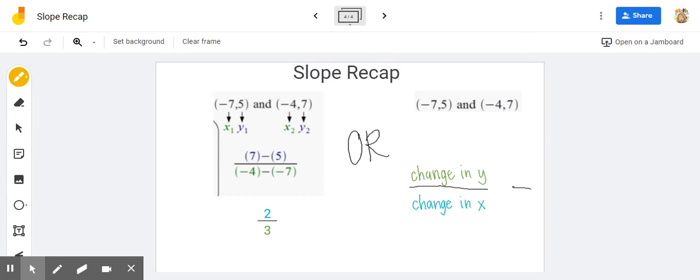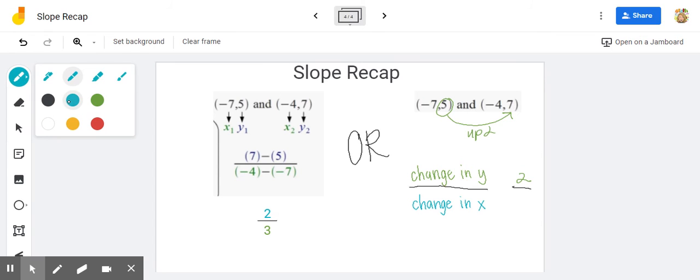Now, you could also count. Some of you liked this idea instead of using the formula: you look at how y changed. How did I go from +5 to +7? Well, I went up 2 spaces, so my change in y is going up 2. Now in terms of my run, or my change in x, you're looking at going from -7 to -4.